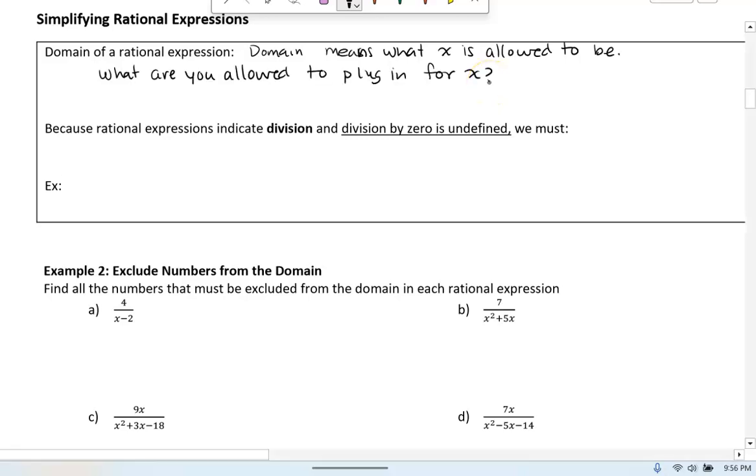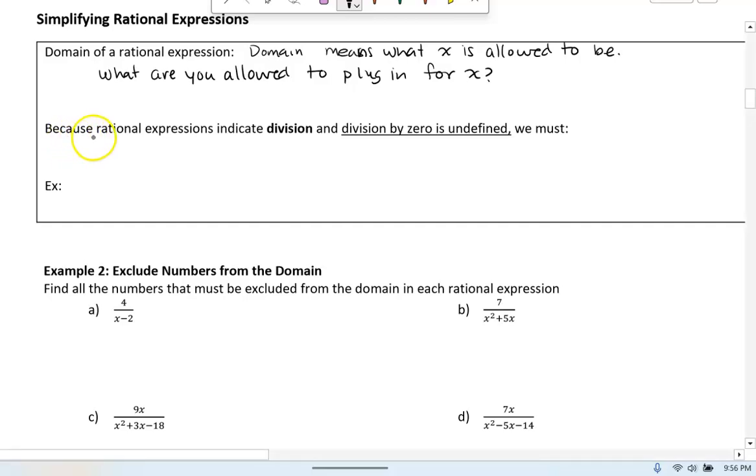And usually you can plug in anything you want for x, but when you have fractions, you have to be extra careful. Because fractions have a special rule where the denominator cannot equal 0, you will have to be careful with what x is allowed to be.